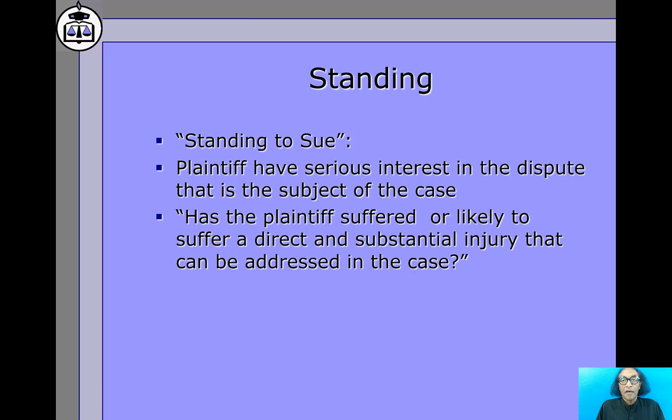So if you were injured in a car accident, or if you have a contract and the other party breached that contract, then you have a dispute on which you can establish standing, meaning that you've been injured and now you can go to court and try to seek redress for that injury.